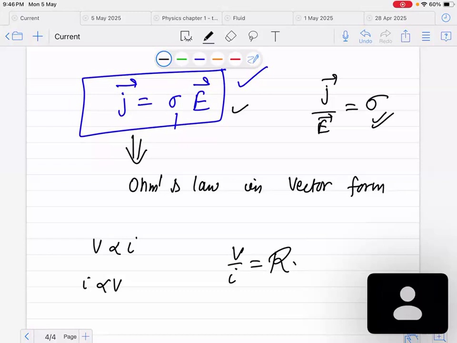Even students confuse. Suppose there's a question in the exam: write down Ohm's law in vector form. 80% of students will write down this.